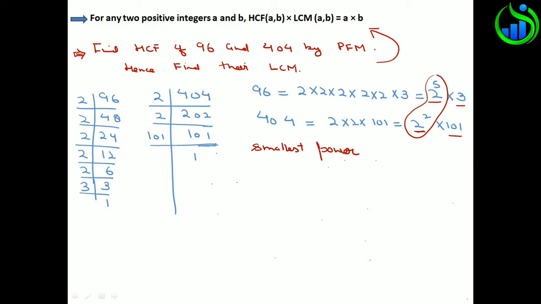So the HCF of 96 and 404 is equal to 2 raised to the power 2, which is equal to 4.